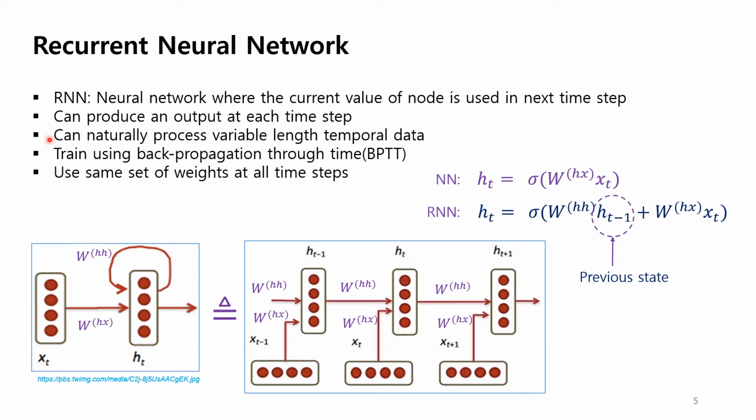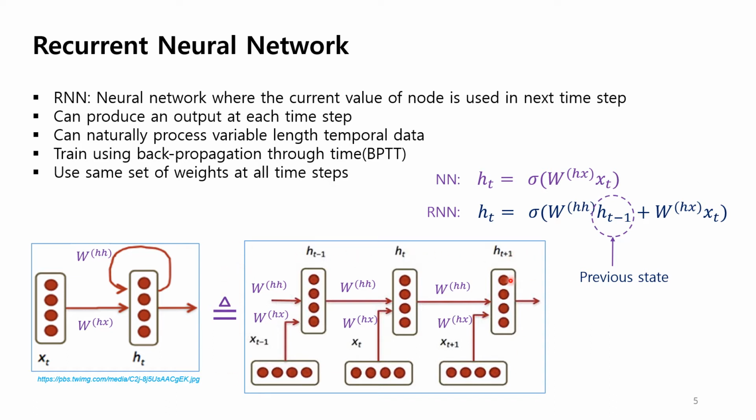And the second advantage is RNN can naturally process variable length temporal data. It is clear, because it depends on how many steps you look at in the past. Let's say I take a look at 5 steps in the past, then it's going to be 5-step data.